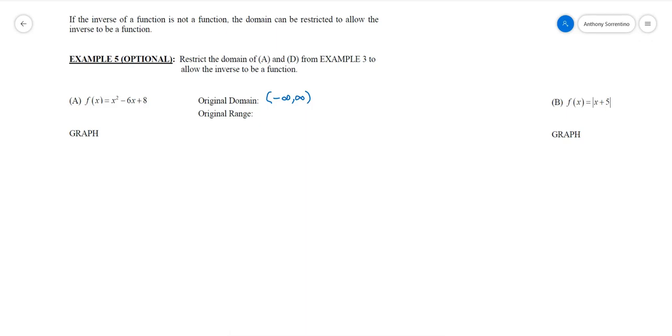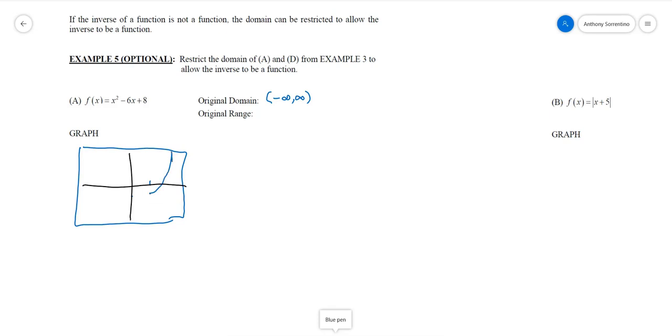Looks like the vertex was at (3, -1). And so we had that graph originally. Here's (3, -1), and the graph did something like this. The vertex was at (3, -1). The range was therefore -1 to infinity, because the lowest point was -1.